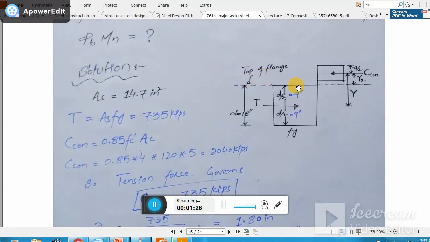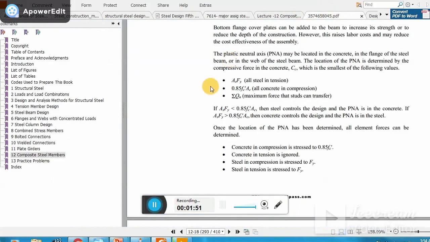When we use the rectangular beam analysis, we start directly that this plastic neutral axis lies within the concrete. How would you know, basically? For that purpose I already explained this point here.